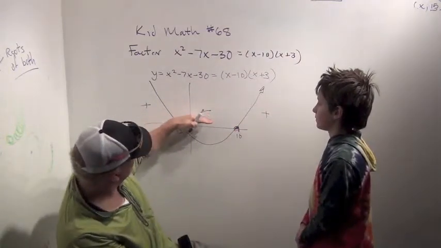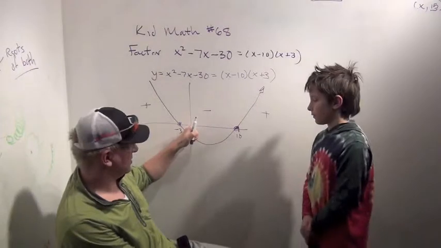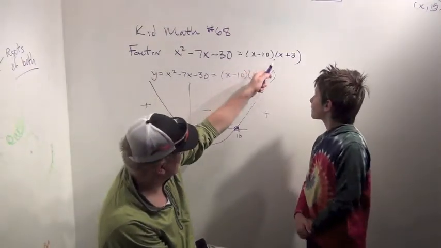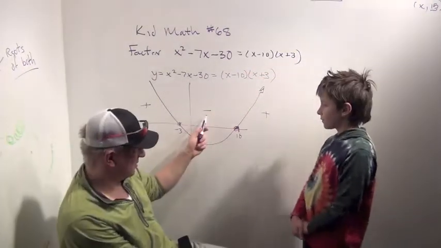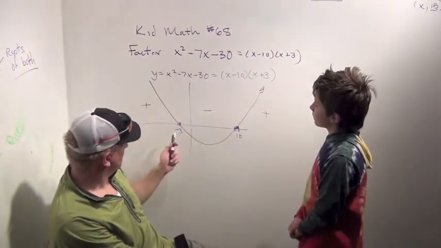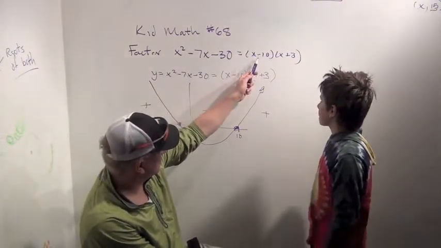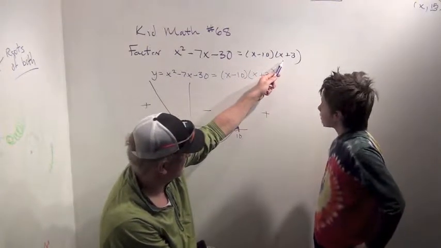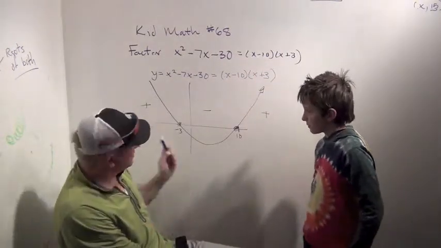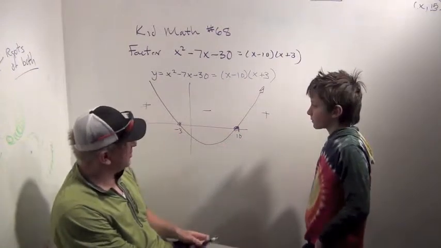If I take numbers in between minus 3 and 10, let's just say 0, I get minus 10 times 3, which is negative. If I take numbers less than minus 3, let's just say minus 10, minus 10 is minus 20 times minus 7, which is positive. So you can start understanding the shape of this pretty easily.